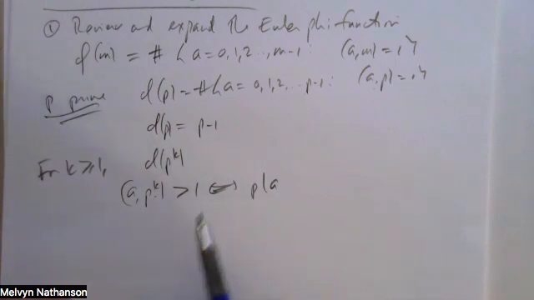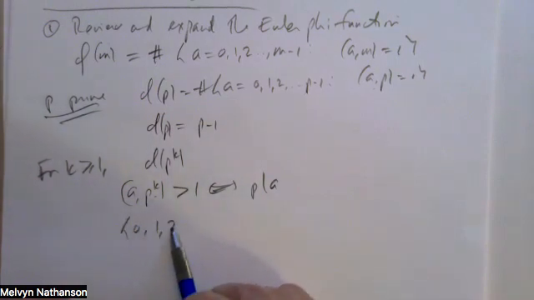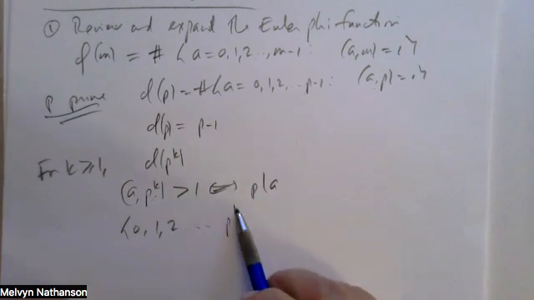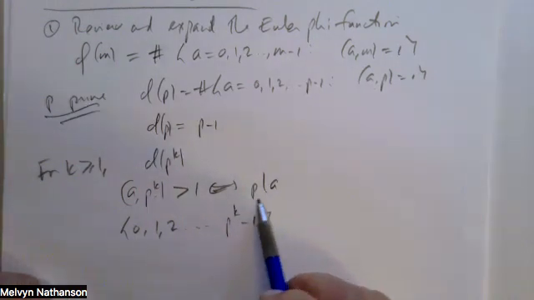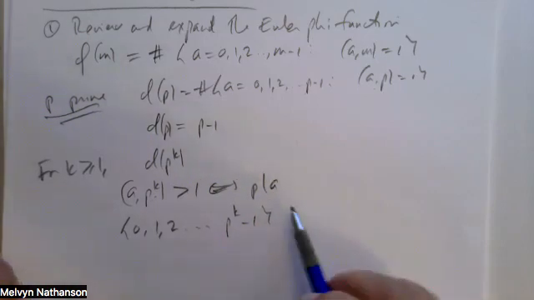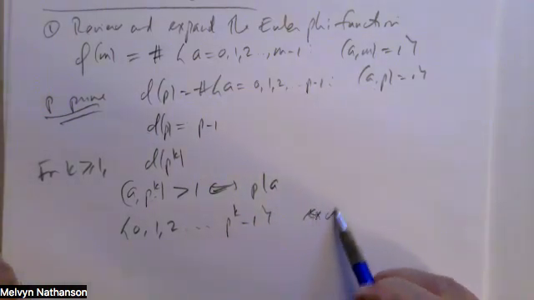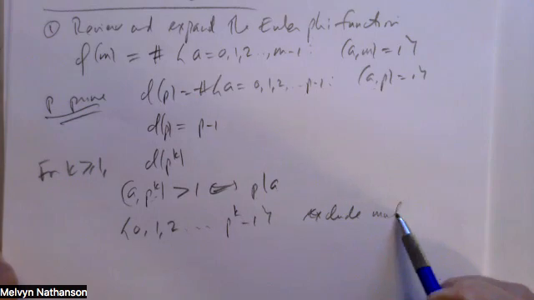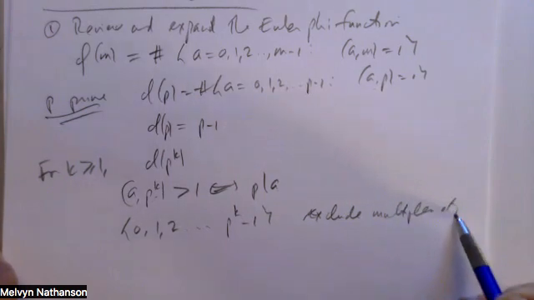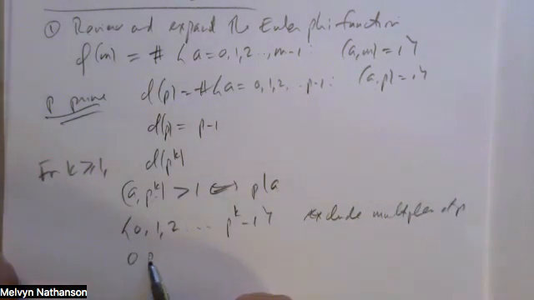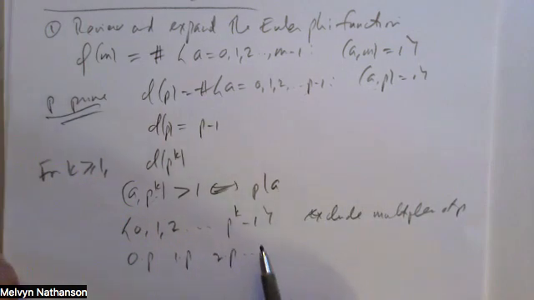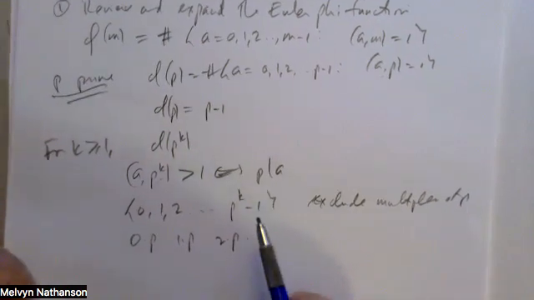So if you look at the numbers from 0 up to p to the k minus 1, we want to exclude all the multiples of p. So what are they? 0 times p, 1 times p, 2 times p. What's the largest multiple of p you can get?